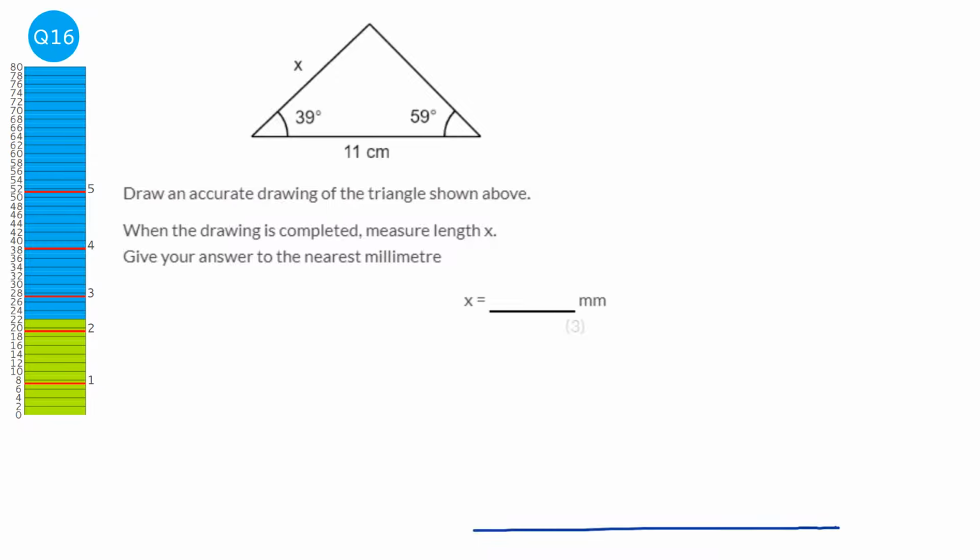And what I'm going to do is put my protractor on this end here. So I've kind of got my protractor here, and I'm going to just have a look at getting 39 degrees. Now you've got to be careful because 39 is on the inside, and I'm just going to do a dot.